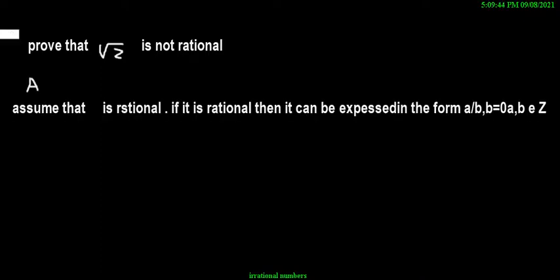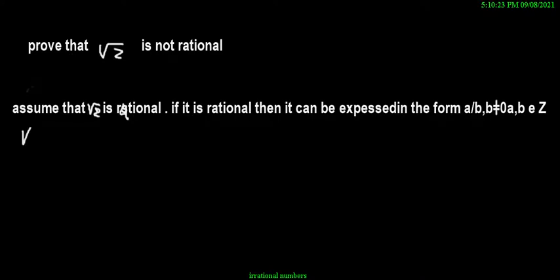Okay, so we assume, let me write this down, that the square root of 2 is rational. If it is rational, then it can be expressed in the form a over b, and b should not be equal to 0, and a and b are members of the integers.